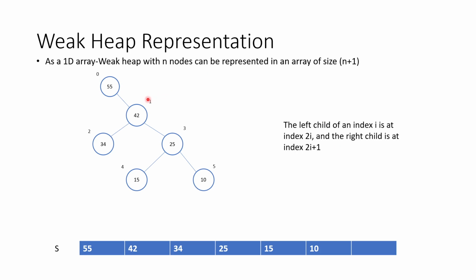As you can see, taking I as 1, 2I gives the value of index 2, which is the left child, and 2I plus 1 gives the value of 3, which is the right child. And this is the array representation of this particular given weak heap.